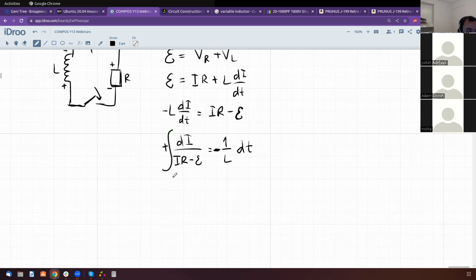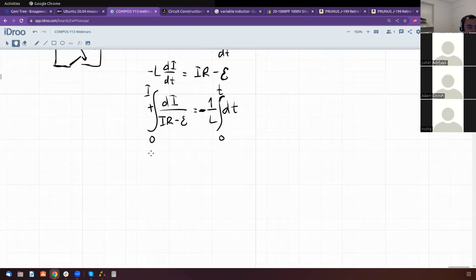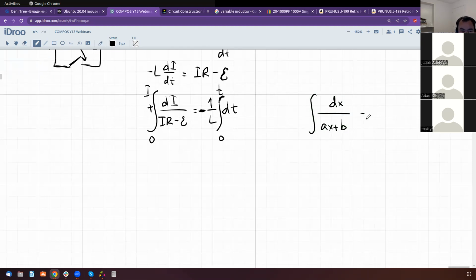So I integrate current. Current changes from 0 to I, where I is the final current, and time changes from 0 to t. Good. And I integrate. This integral is dx over ax plus b. It's logarithm of ax plus b, times 1 over a, plus c. So I hope you see that this integral is this integral.